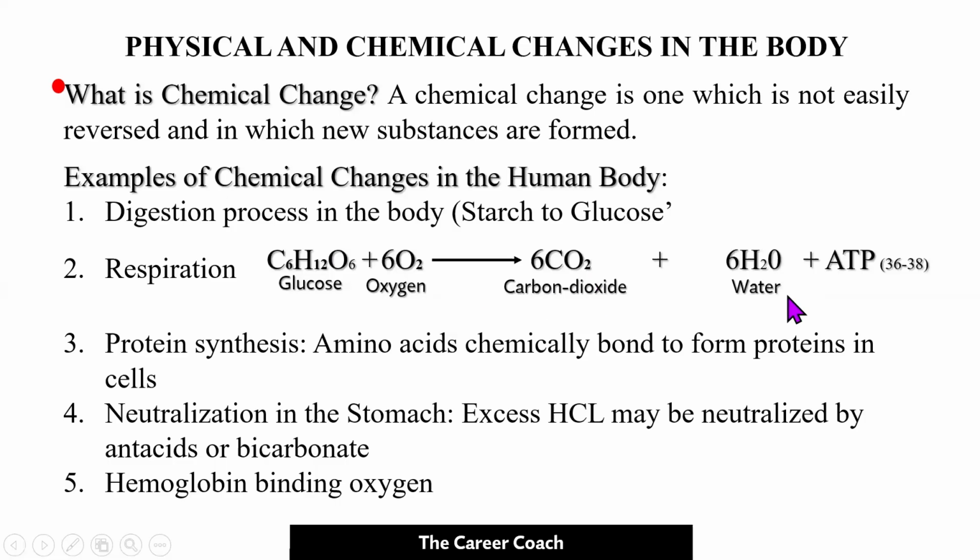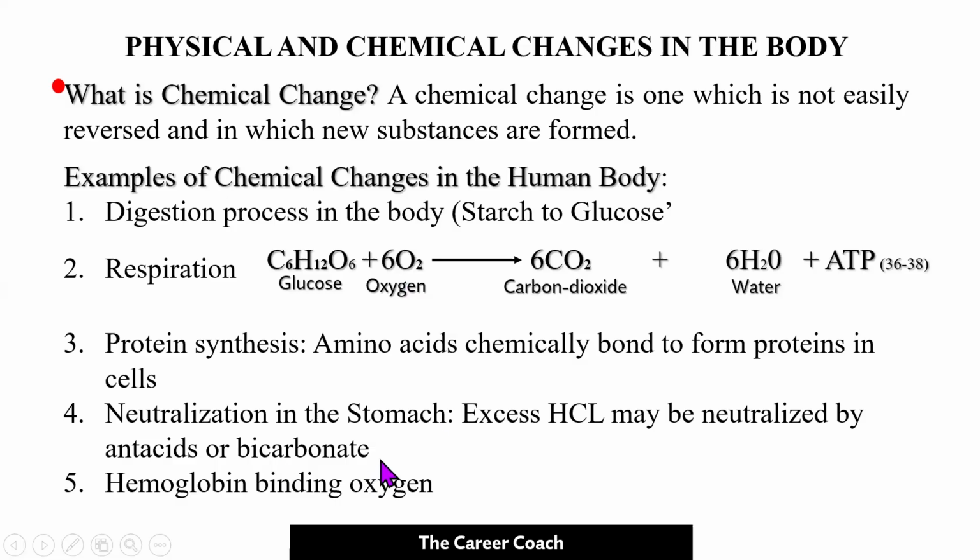So whenever you cite respiration as an example of a chemical change that takes place in the body, ensure to cite the equation. The third change that takes place in our body is protein synthesis. Amino acids chemically combine to form protein in cells. Number 4, neutralization takes place in our stomach. That's also a chemical change. Excess hydrochloric acid may be neutralized by antacid or bicarbonate.